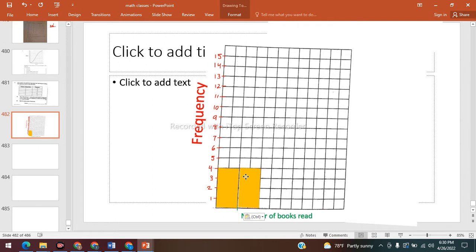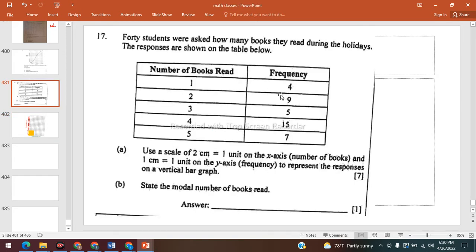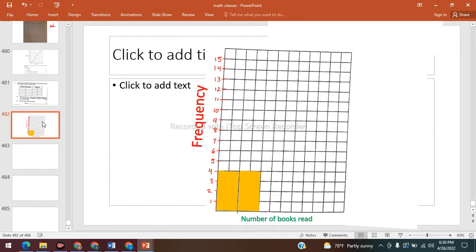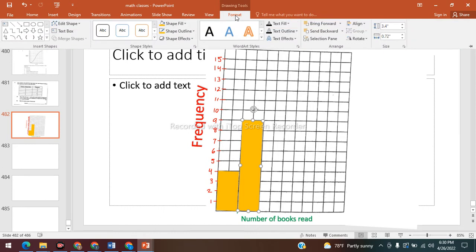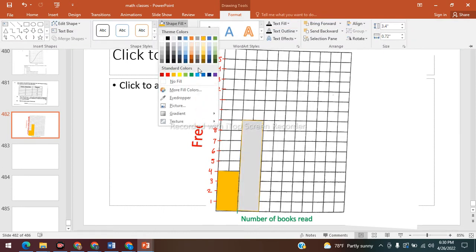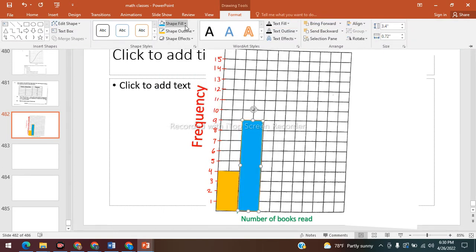So if 2 books is read, how much is that? That's 9. So we've got to go all the way up to 9, all the way up here, right? That's 9. We could use the color baby blue.